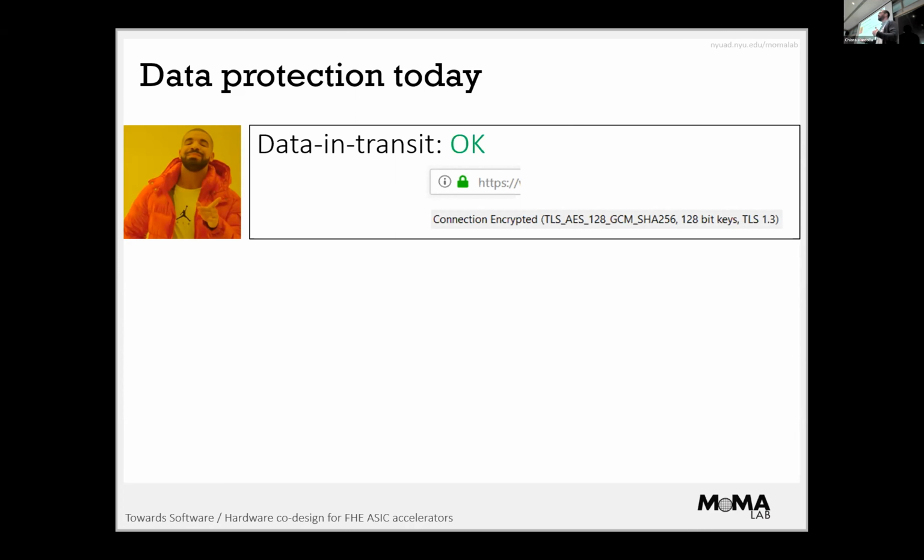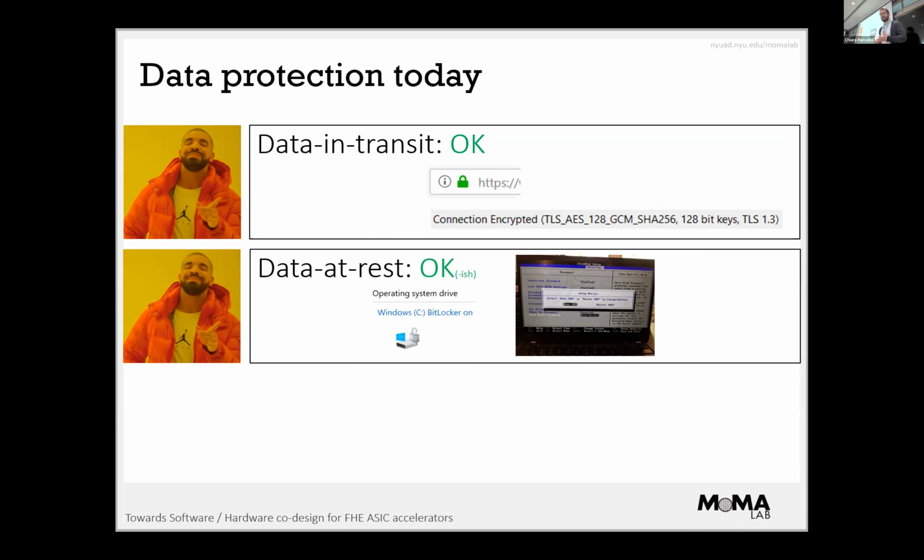That's the data in transit problem, and to some extent it's a solved problem. We have RSA, we have authentication, we know how to do key exchange. So when data is in transit, we have cryptographic guarantees that privacy is preserved.